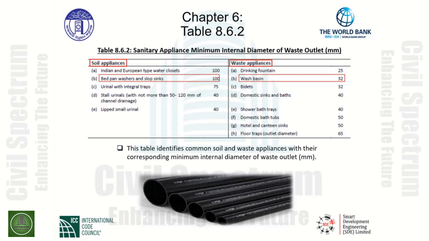This table gives us this minimum internal diameter for these specific types of soil appliances. On the right-hand side of the table, waste appliances such as a wash basin, indicated in item B, must have a minimum internal diameter of 32 millimeters.